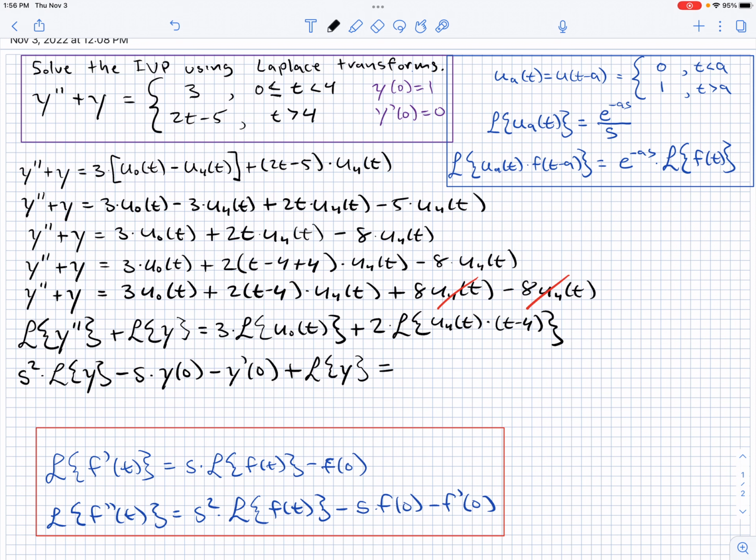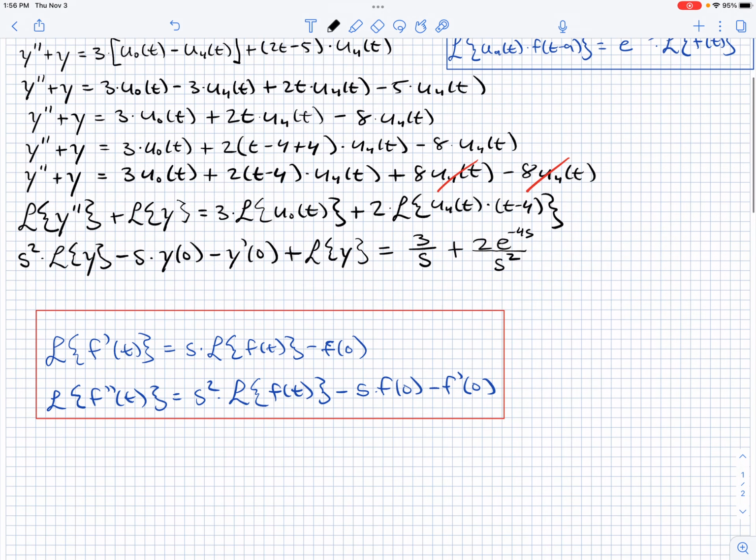Again, it's just 1, so we know that fits this form of just 3 over s plus 2 times, then we have the Laplace transform of this stuff, which again we know is going to be e to the negative as, and a is 4 in our case. So it's going to be 2 e to the negative 4s over s squared.